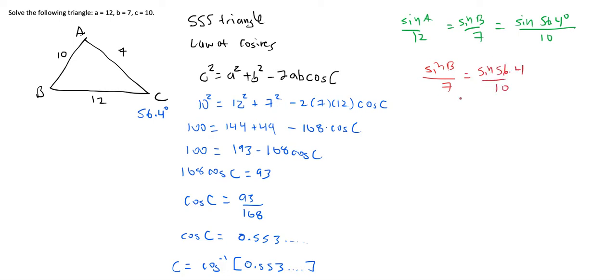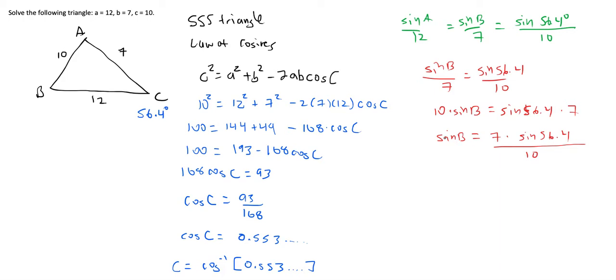We'll cross multiply, so 10 times the sine of B equals the sine of 56.4 times 7. Then the sine of B is equal to 7 times the sine of 56.4, all of that over 10.